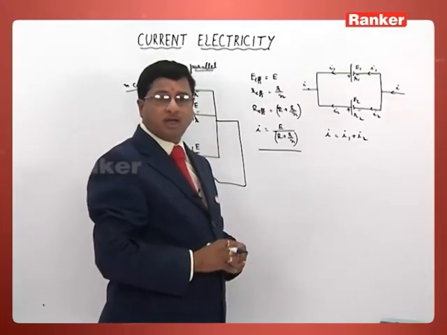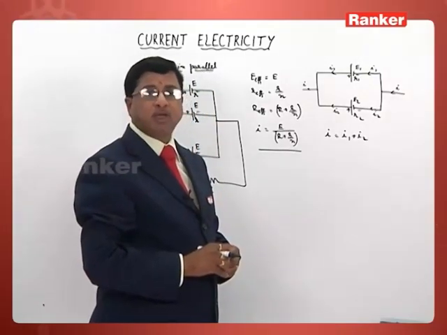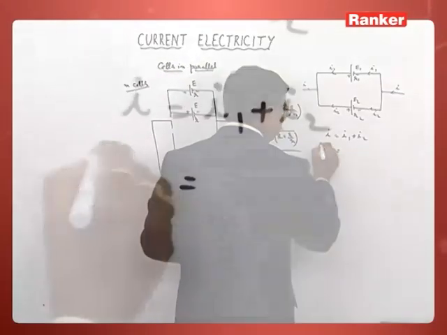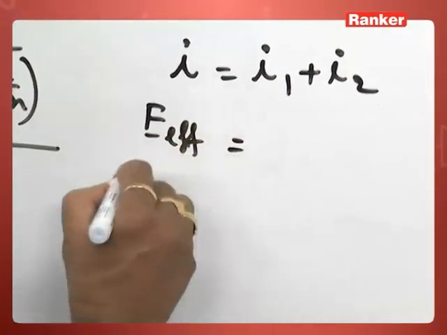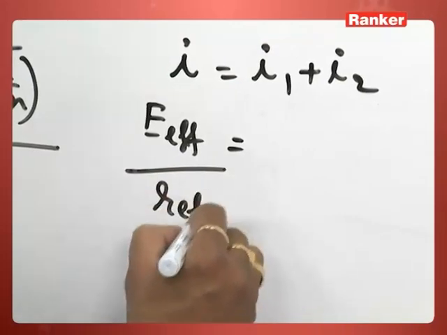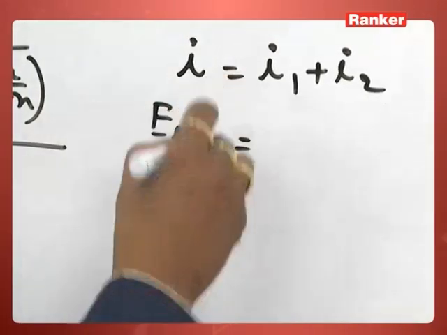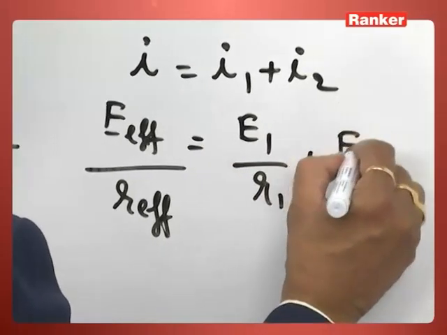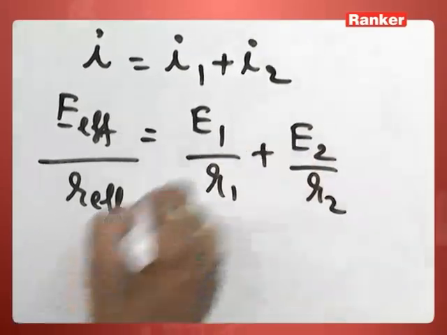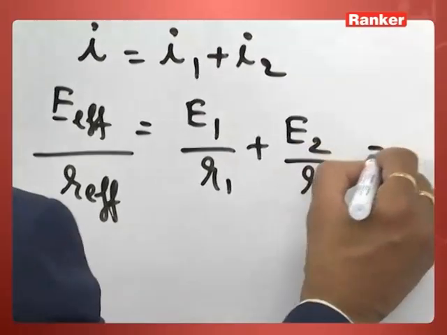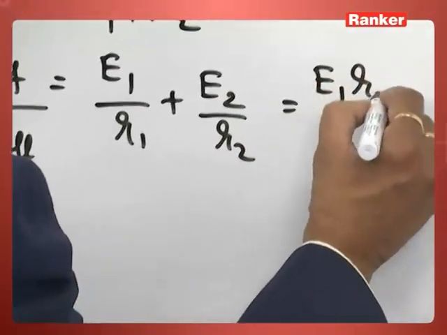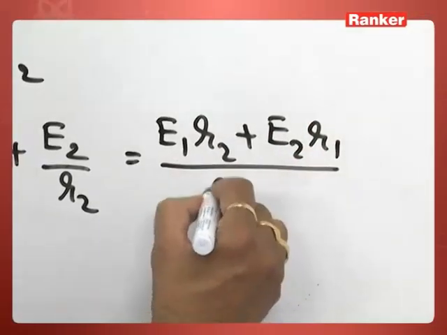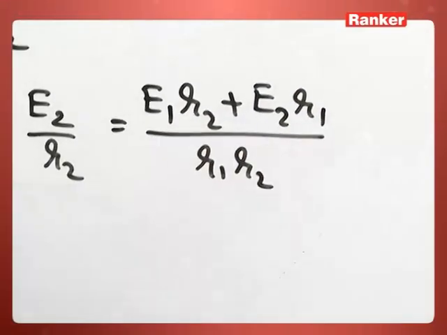Applying Ohm's law, I is E by R. So we can write the same thing this way, E effective by R effective is equal to E1 by R1 plus E2 by R2. In other words, you can write that as (E1 R2 plus E2 R1) by R1 R2.